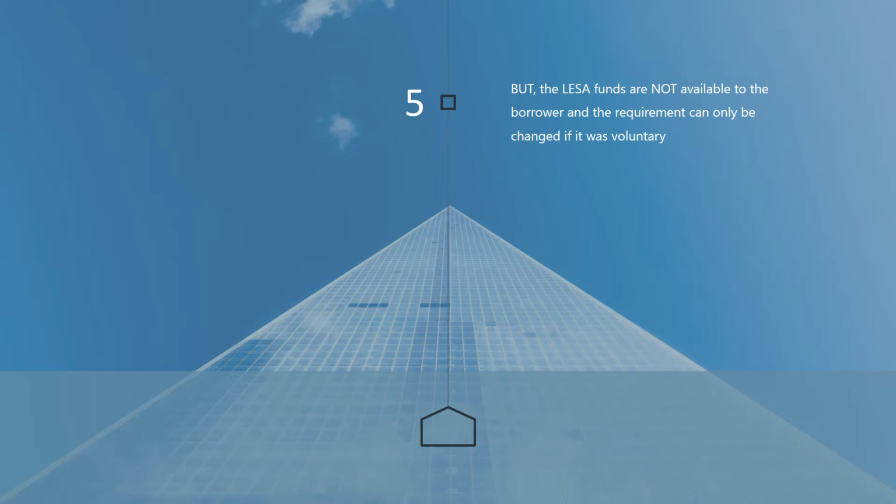Now, the LESA funds are not available to the borrower, and the requirement can only be changed if it was voluntarily set up. If the LESA had to be set up because of an underwriting requirement, then the only person who can change the requirement will be the lender, or if you pay off the loan. The lender will now pay your home property charges out of this set-aside, on your behalf, of course.